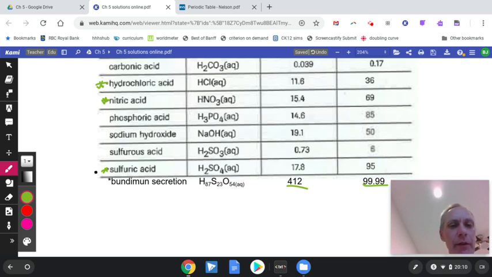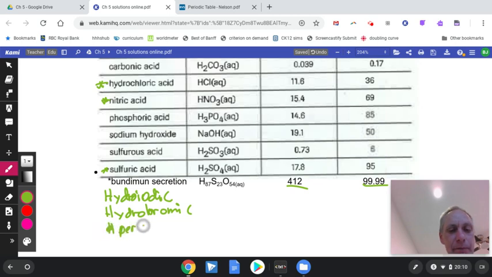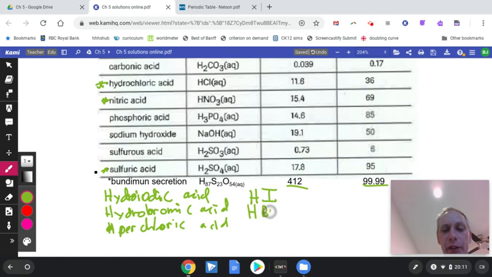Please add these other 3 to your periodic table. We use them in Chem 30 as well, and you're allowed to have them on your periodic table. So they are hydrochloric, hydroiodic, so hydrogen chloride, hydrogen iodide, and hydrobromic. And then the last one is perchloric. So hydroiodic acid, hydrobromic acid, and perchloric acid. And their formulas are HI, HBr, and HClO4.